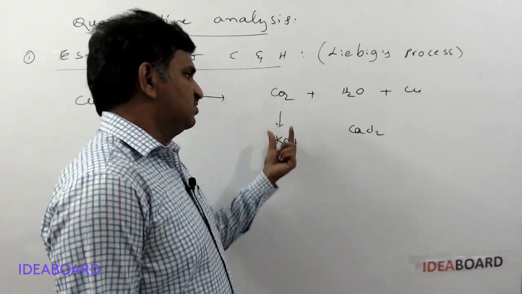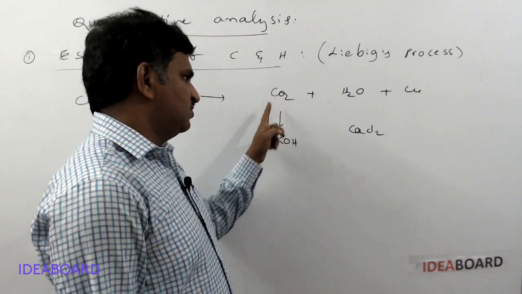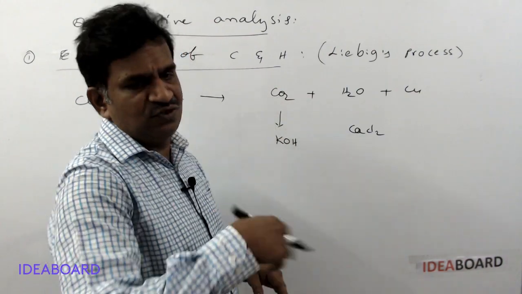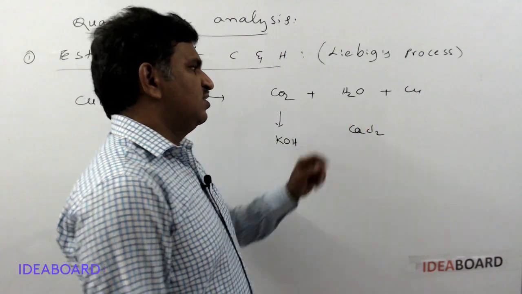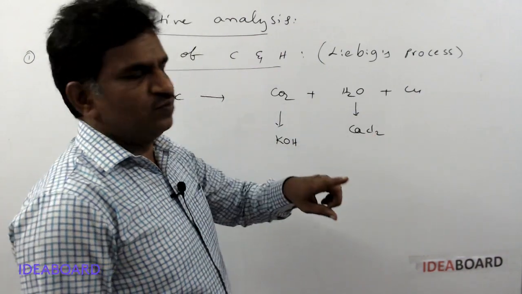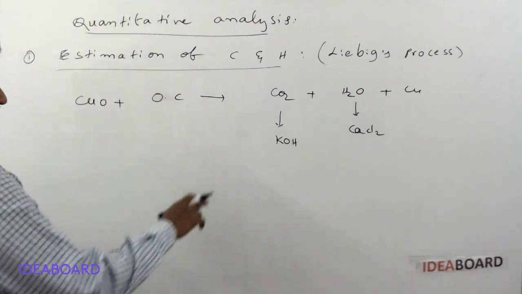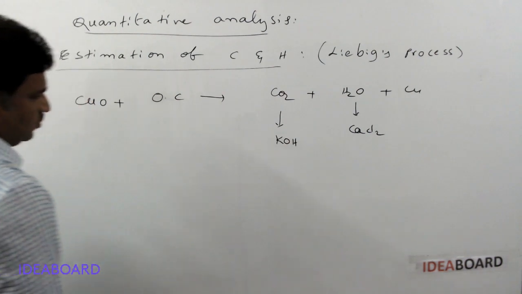Before passing, the weight of the KOH-containing U tube is measured. After passing CO2, the U tube weight is measured again. Similarly, H2O is passed through the calcium chloride-containing U tube, and the weight is measured before and after the passage of H2O. The difference is the weight of CO2 and H2O.